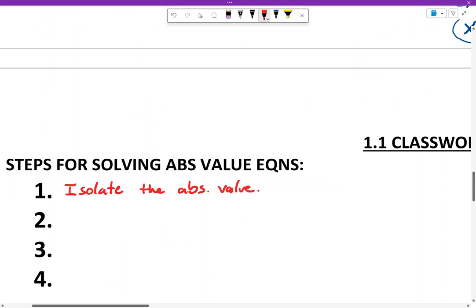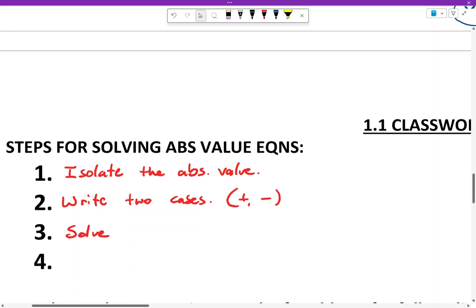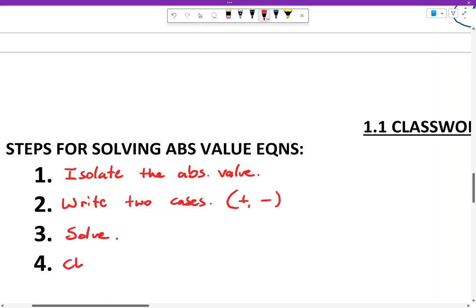Get it by itself. Next, we have to write our two cases. One positive, one negative. Third step is just to solve both equations. And finally, check both solutions.